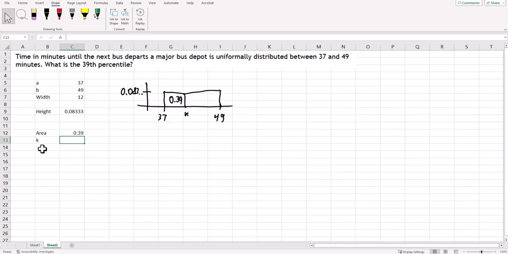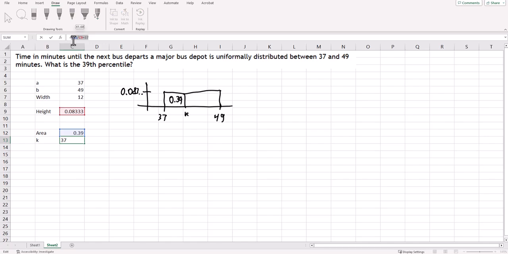And so my height is still this. Okay. So the width times the height gives me this area. So I have to do the area divided by the height. And that'll give me this distance from here to here. And so I actually want to add to that 37. And notice here we get 41.68.